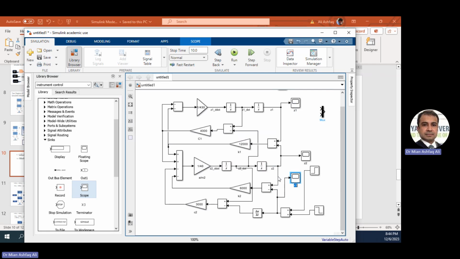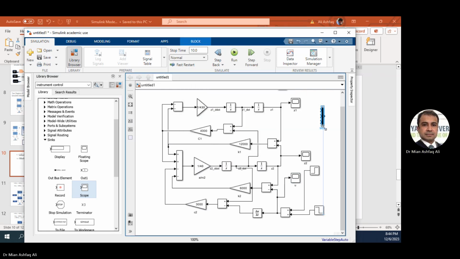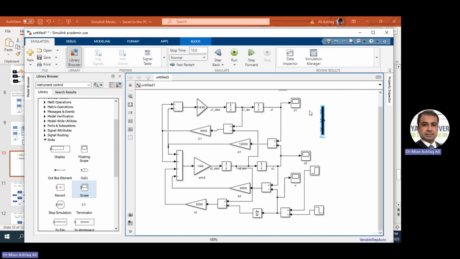So let me call this as U. And similarly, we can also show all those three signals on the same scope because we need to compare them sometime.